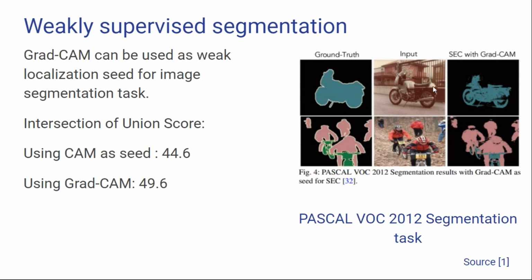Now you have to get the silhouette of this bike, right? You can just apply Grad-CAM on this, and it might give you a heat map. And you can use this Grad-CAM as a seed for your image segmentation. So what is a seed?